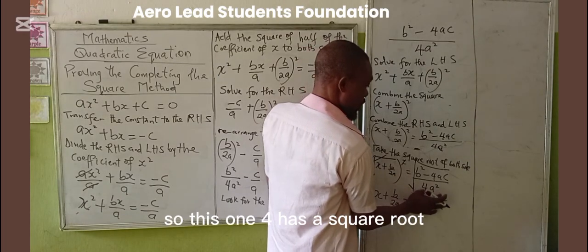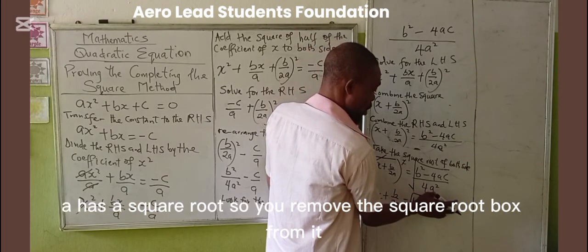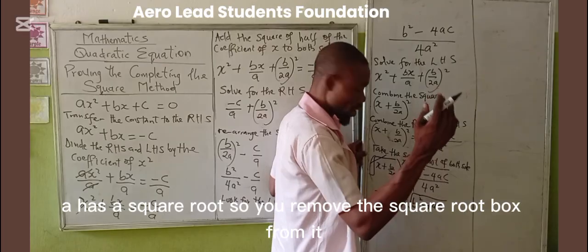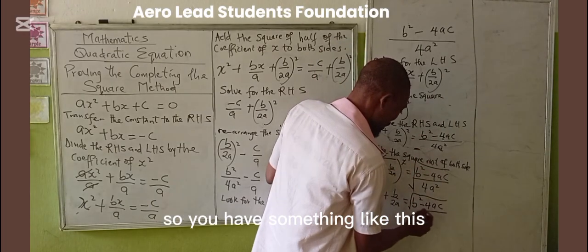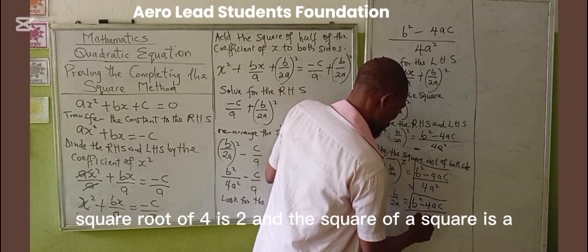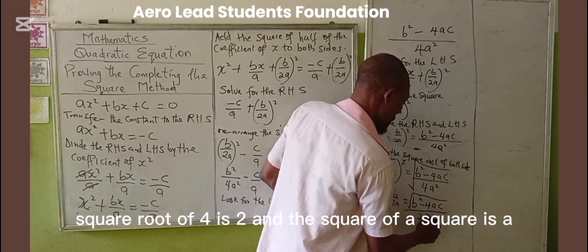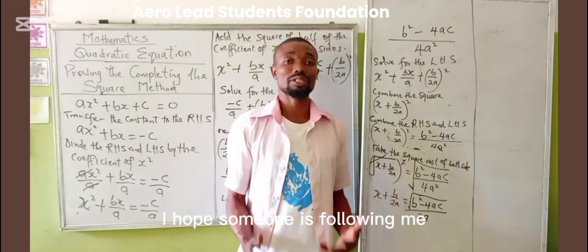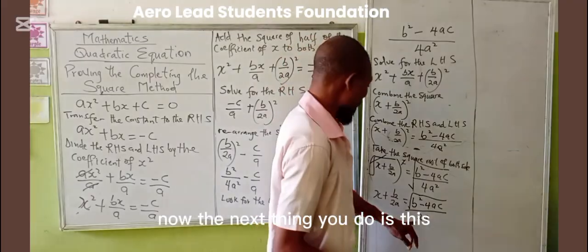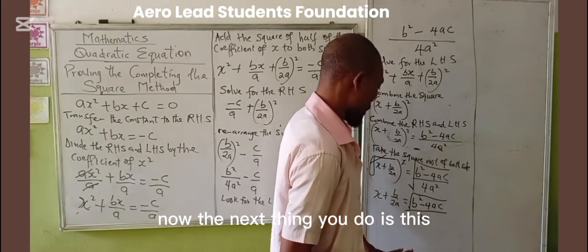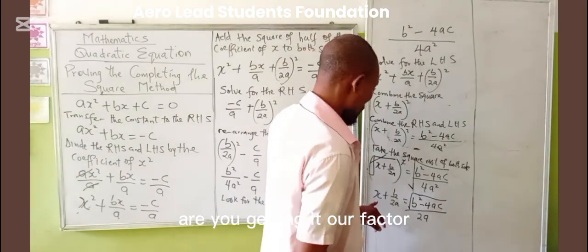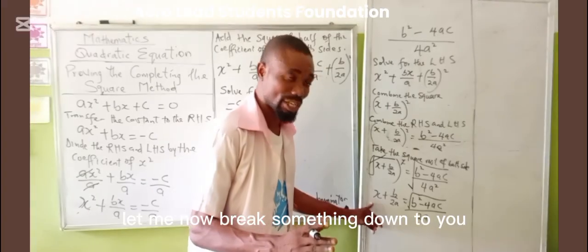So this one, 4 has a square root, a has a square root. So you remove the square root box from it. So you have something like this. Square root of 4 is 2, and square root of a squared is a. I hope somebody is following me. Now the next thing you do is this.